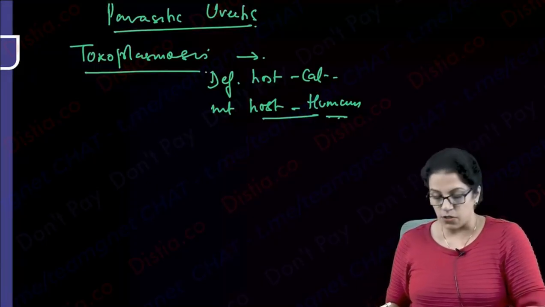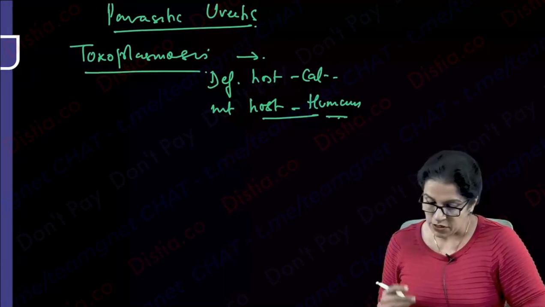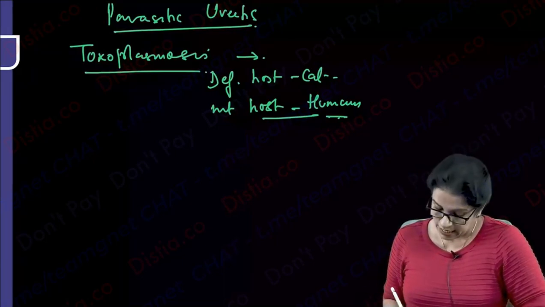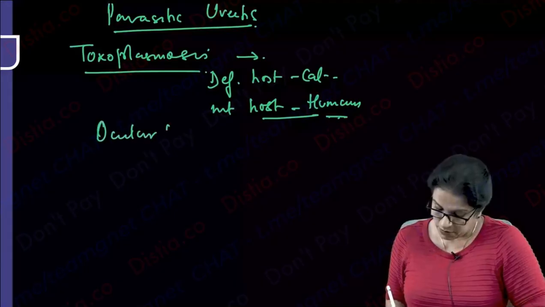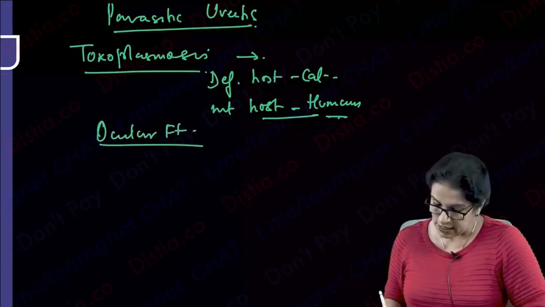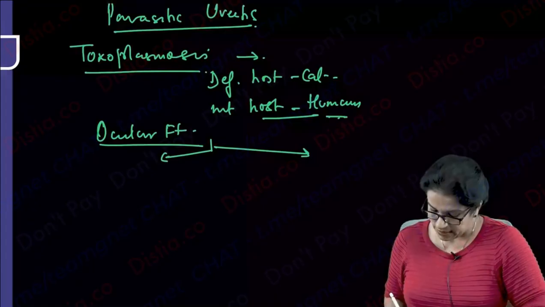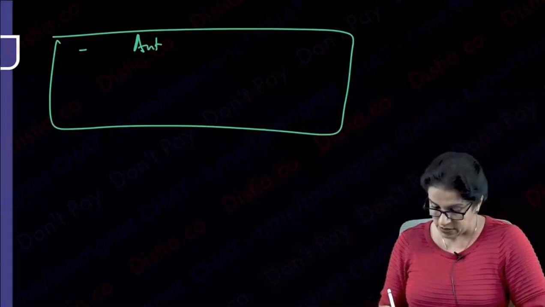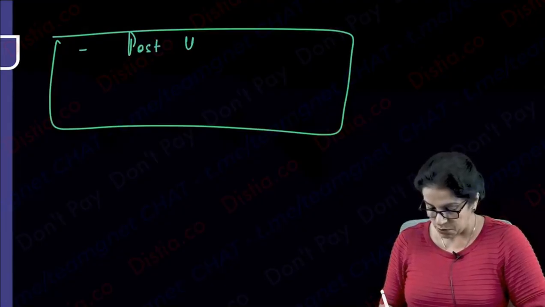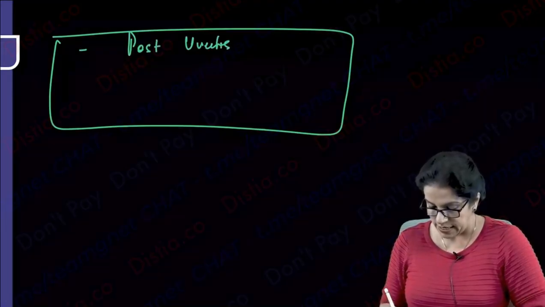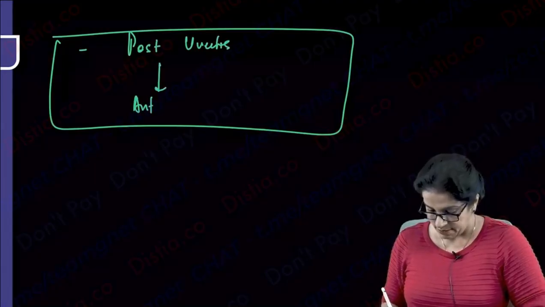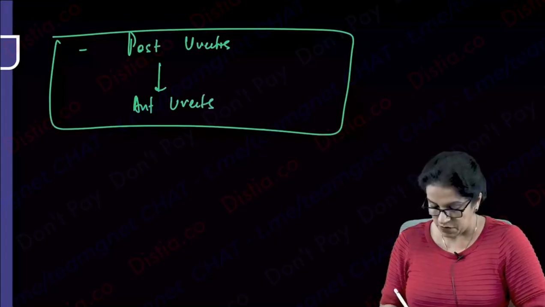Anyway, so this Toxoplasma gondii, which is causing this infection in eye, what are the ocular features? Point wise only. We will learn it can lead to either granulomatous or non-granulomatous. Let's put it in the box. Primarily, it is posterior uveitis. So this is typical, that is a posterior uveitis which spills in as anterior uveitis.